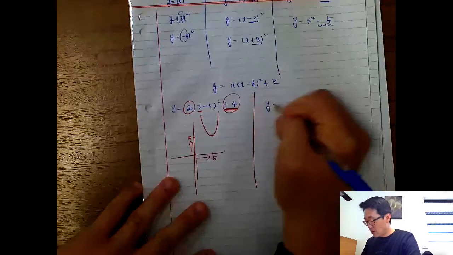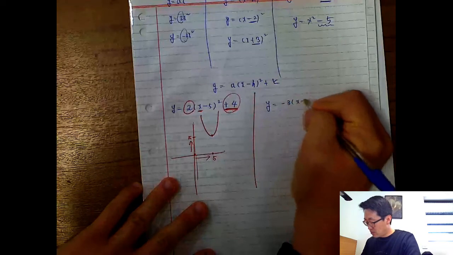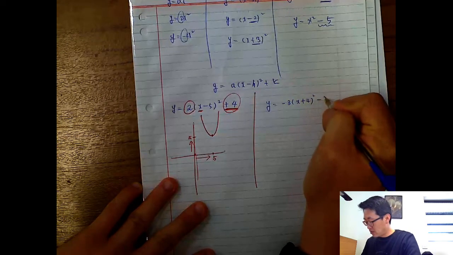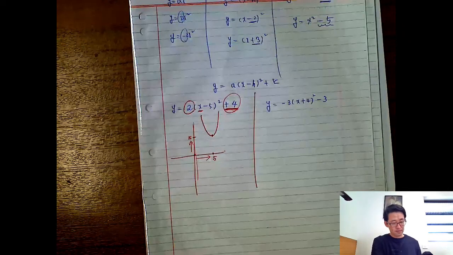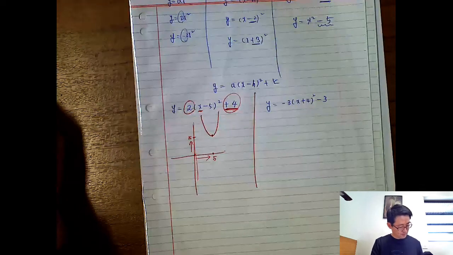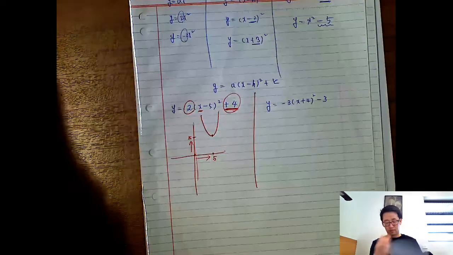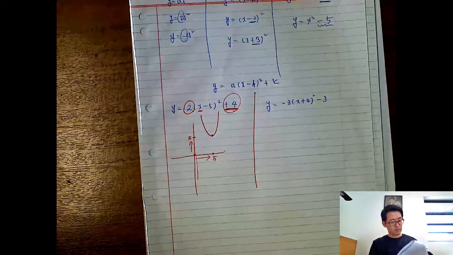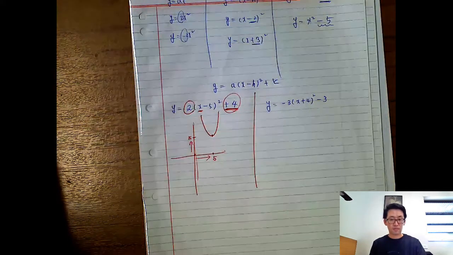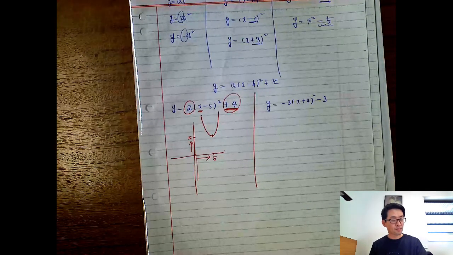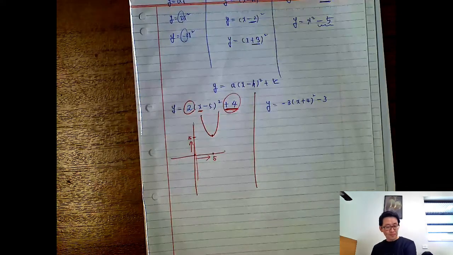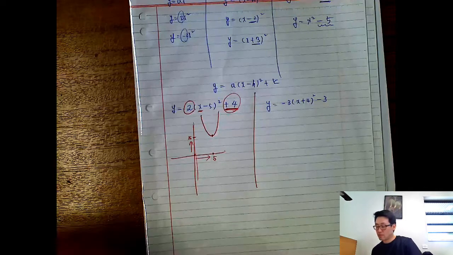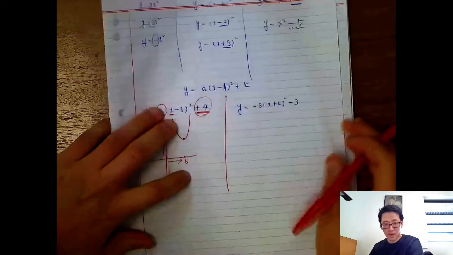Can you do y equals minus 3(x plus 4) squared minus 3, please? I'll let you do that first. So now you're able to do it.